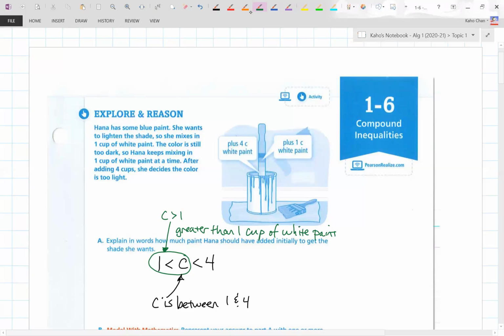In the other direction, it's read normally, C is less than 4 cups of white paint. All right, this whole thing is a compound inequality.